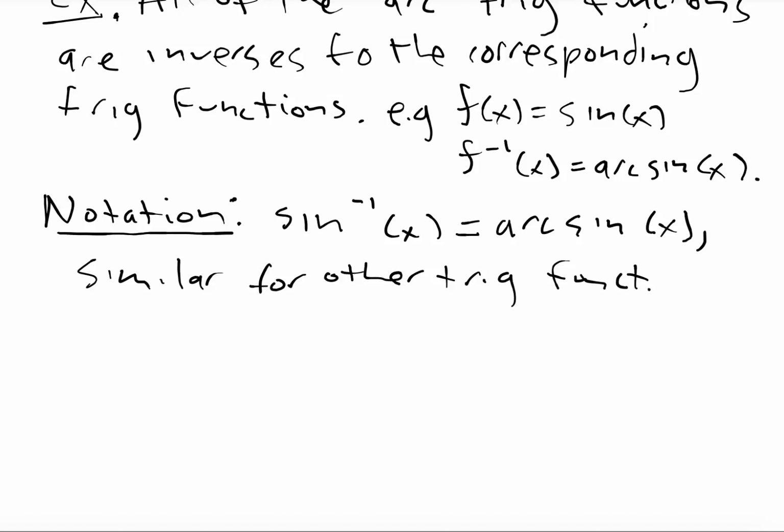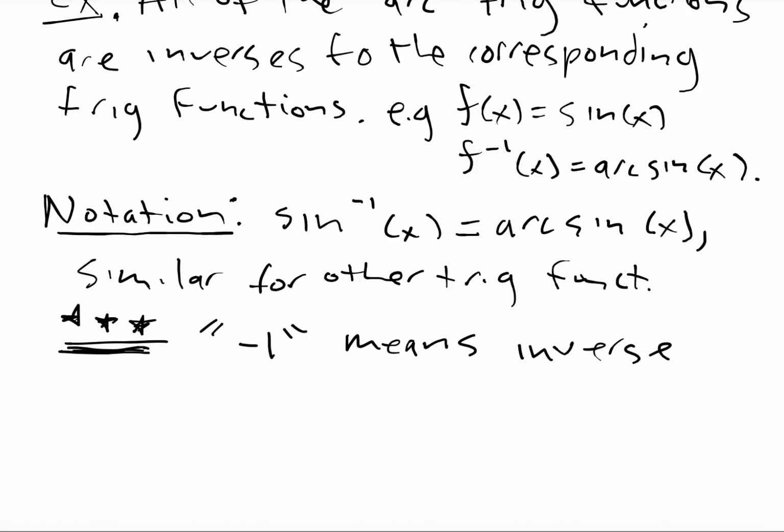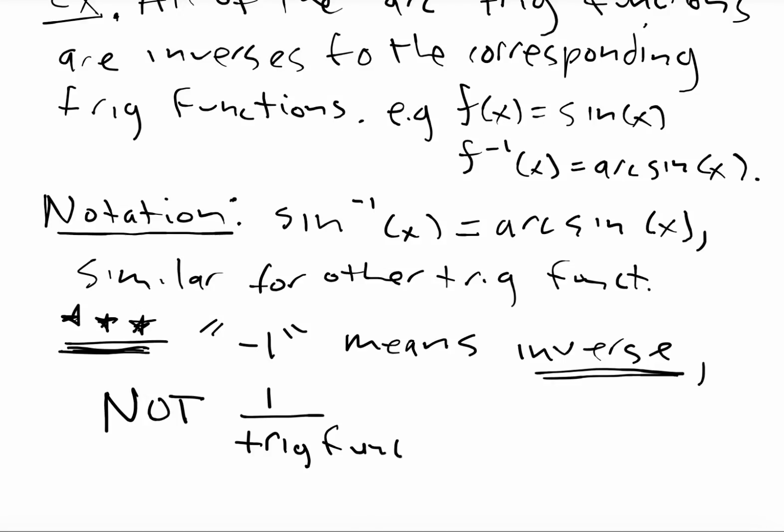Now, the reason that I'm making a big point of the notation here is that this is super important to recognize. My -1 in this case means inverse. This absolutely positively means inverse, and, write this in big, bold, capital letters, it does not mean 1 over your trig function.